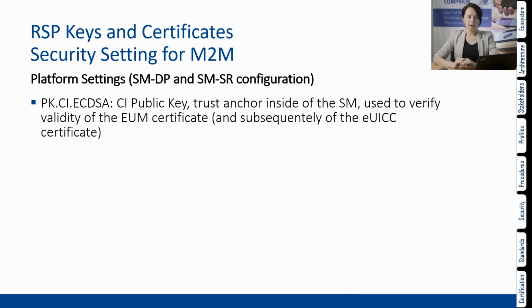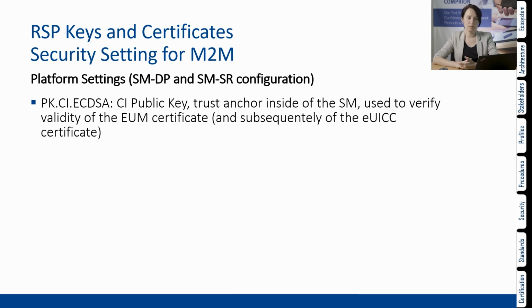Let's take a look at the keys and certificate settings for M2M, especially the platform settings. These are the settings for the SM-DP and the SM-SR that are required. What is needed inside of the SM-DP and SM-SR to perform the profile download and the other operations of remote SIM provisioning?